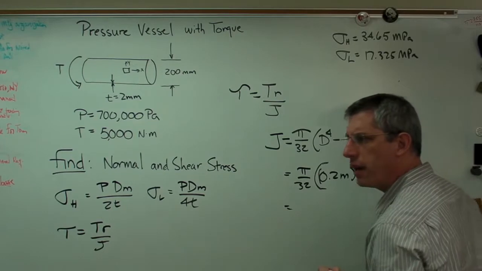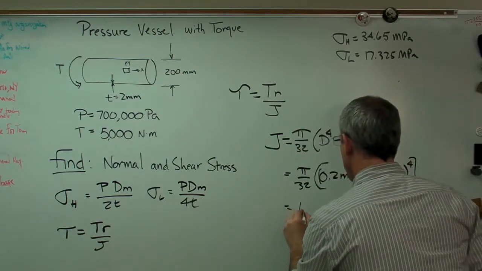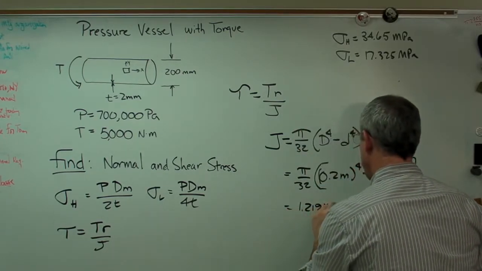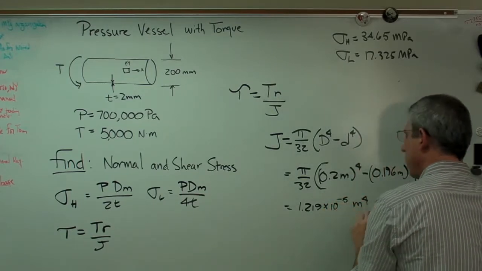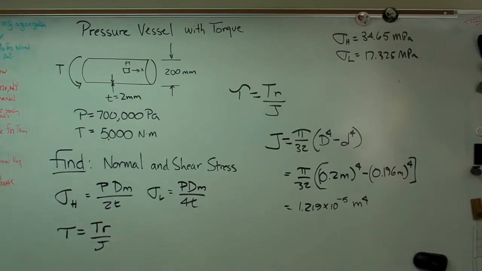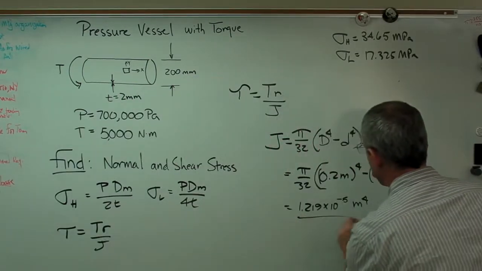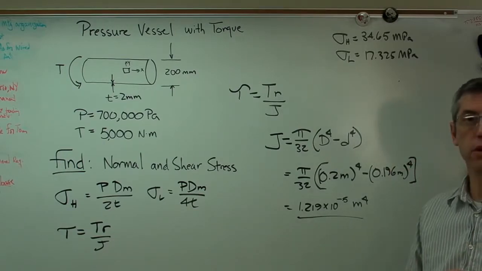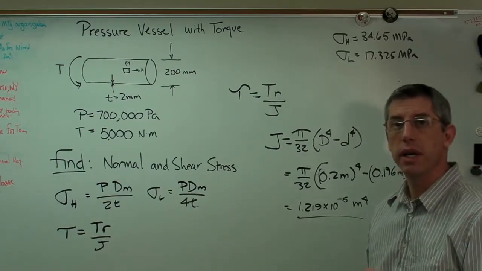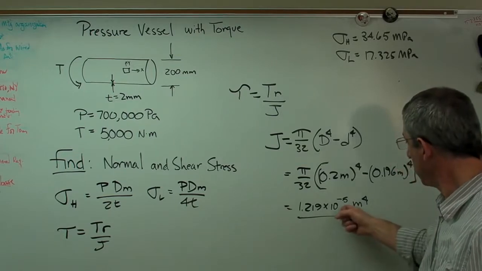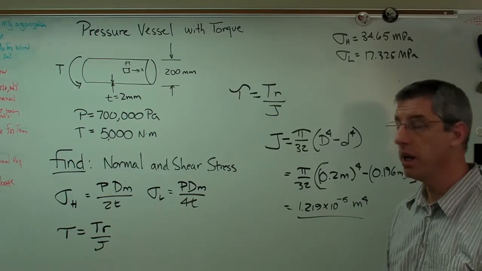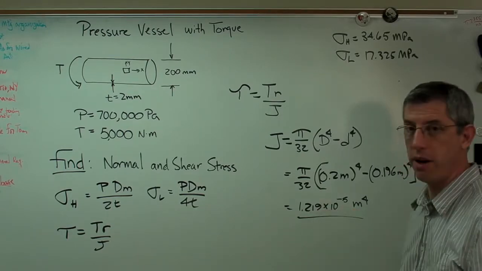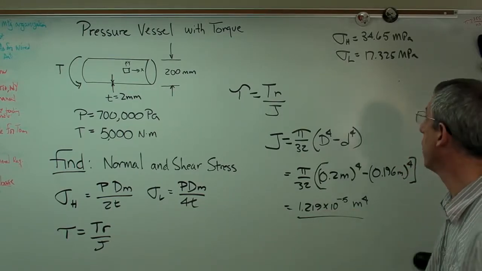And if I calculate that, that turns out to be 1.219 times 10 to the minus 5 meters to the fourth. So there's J in terms of meters. Now a meter is really large, so J is really small when expressed in meters. If we were to express this in millimeters, we'd have to multiply this by 1,000 to the fourth power and get a very large number.